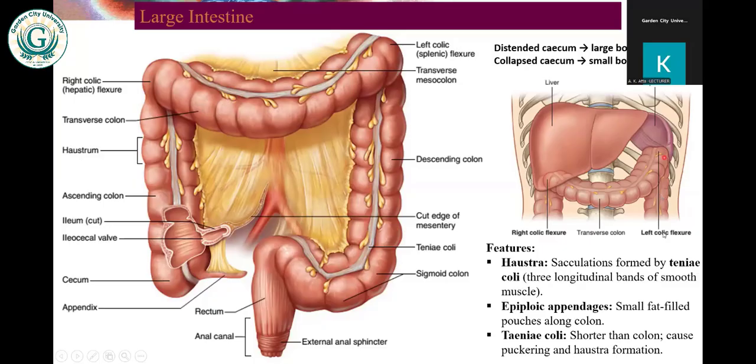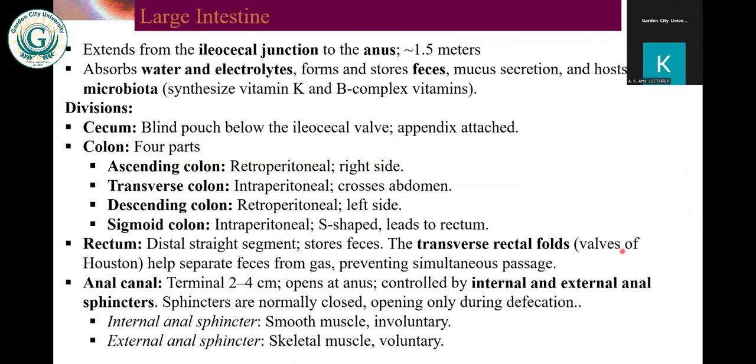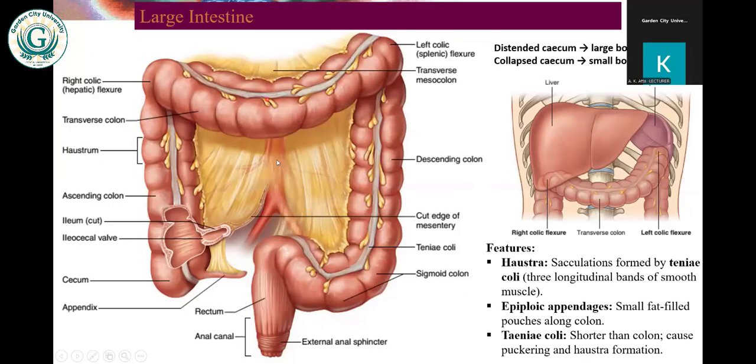So the left colic flexure is also called the splenic flexure. I've already explained it: the large intestine extends from the ileocecal junction, or the ileocecal valve, all the way to the anus.